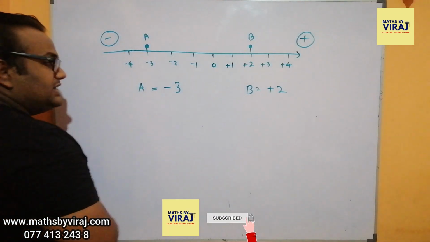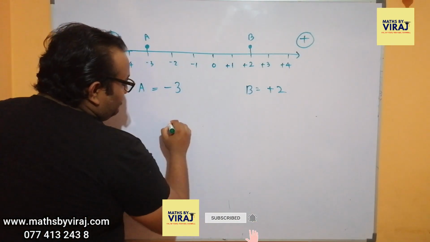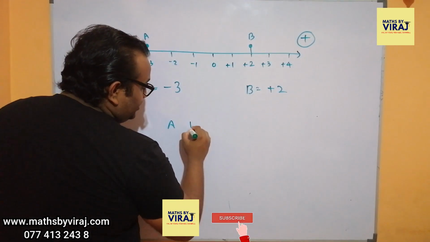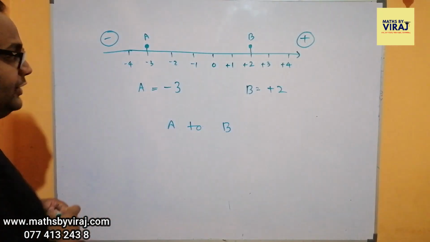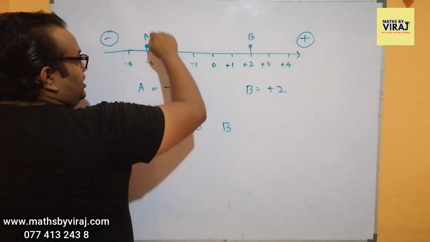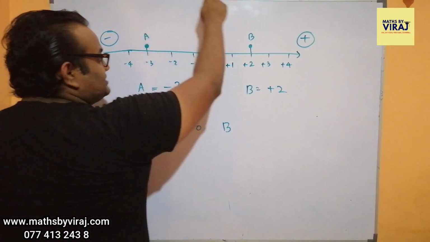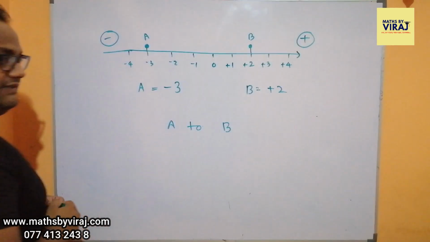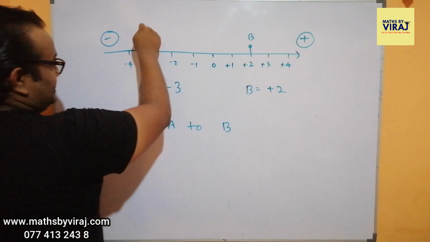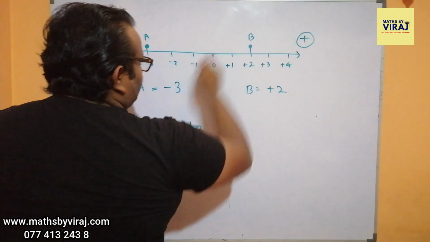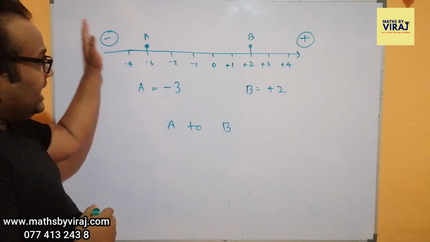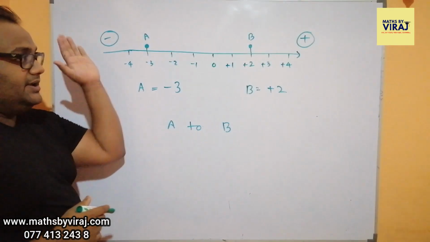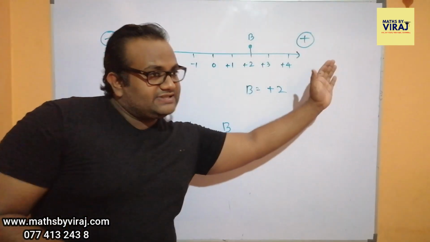Fine. Now, let's assume I am to go from A to B. Now children, from A I must go to B. Very simple. From position A I need to go to position B. At A I am in the negative side. At B I am in the positive side.